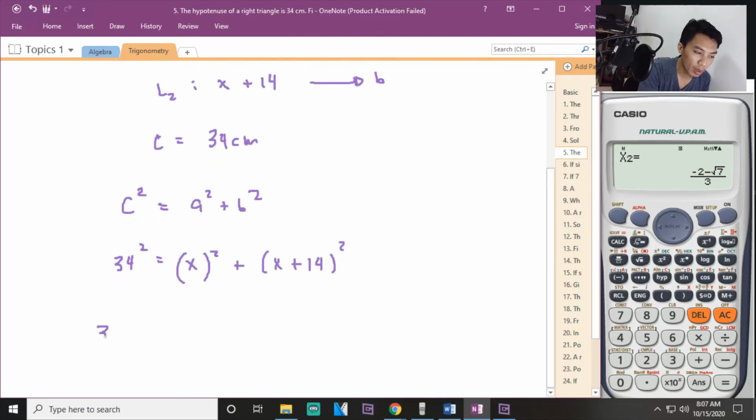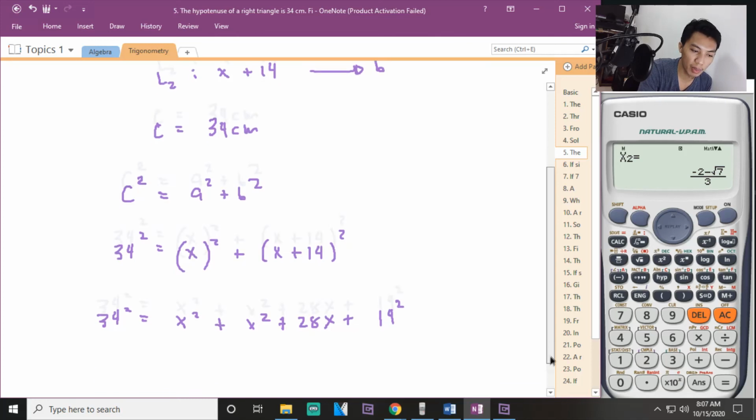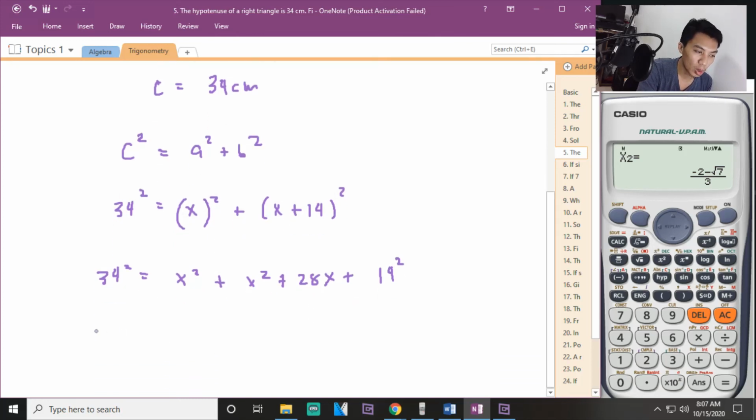Expanding, 34 squared equal to x squared plus x squared plus 28x plus 14 squared. Now, we subtract. So, 34 squared minus 14 squared equal to 2x squared plus 28x.